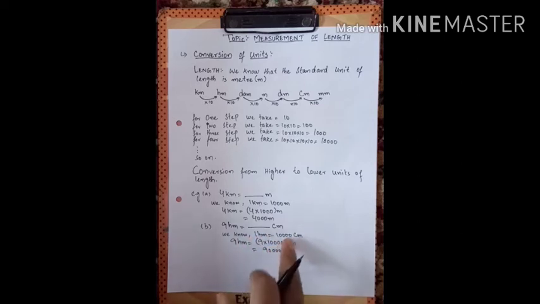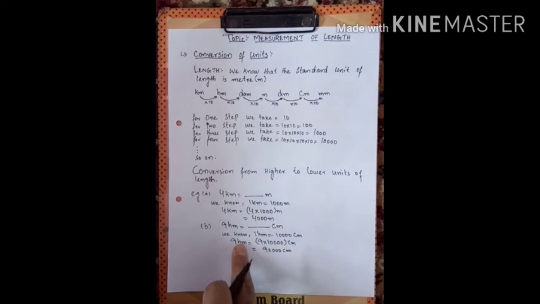So I multiply 10,000 with the number of hectometer, which is 9 into 10,000, which is equal to 90,000 centimeter.